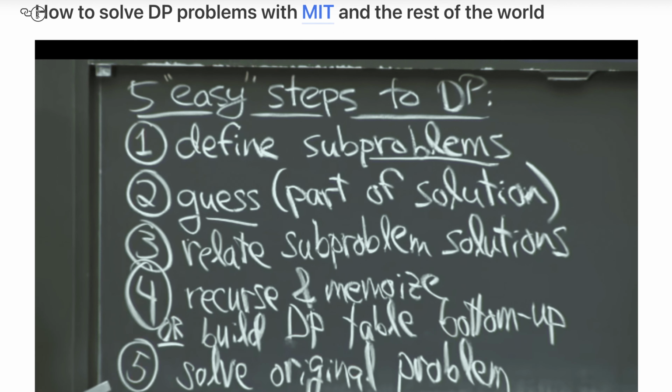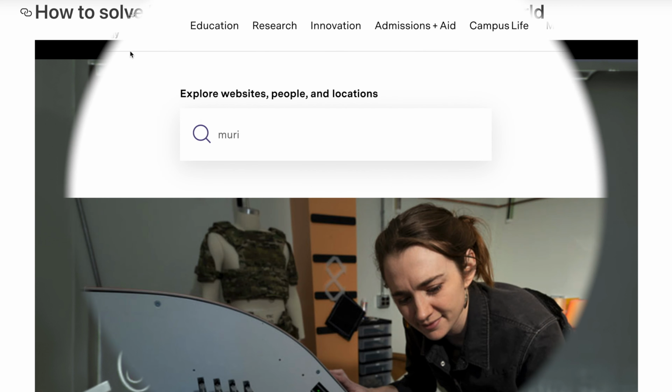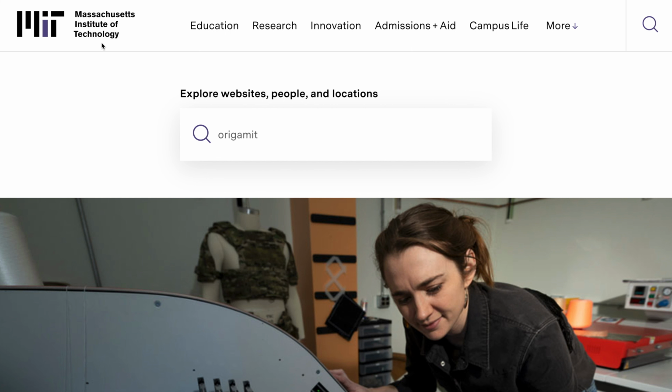Next, fast forward almost 70 years, from 1954 to the time of making this video in March 2023, we're going to see how to solve DP problems with MIT as well as the rest of the world. MIT is one of the most prestigious institutes of technology in the world.